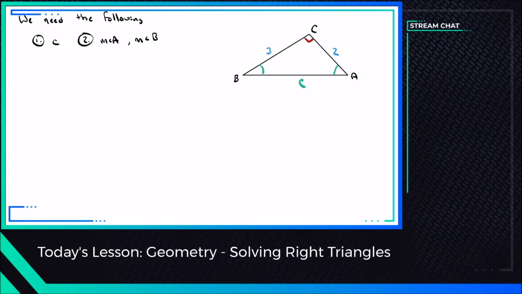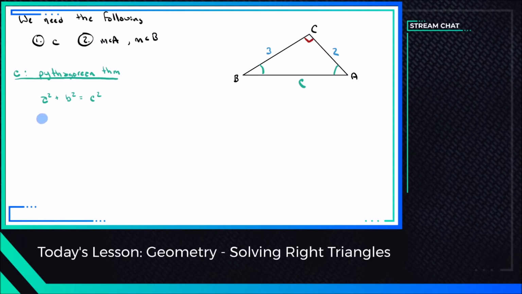So for C, this side length C right here, why don't we go ahead and just use the Pythagorean theorem? We already know 2 of the other side lengths, so it will be quite straightforward to plug this into the Pythagorean theorem. So remember, the Pythagorean theorem says a squared plus b squared is equal to c squared. C is going to be right here, and we already know a and b are going to be equal to 3 and 2. So we can now plug this in.